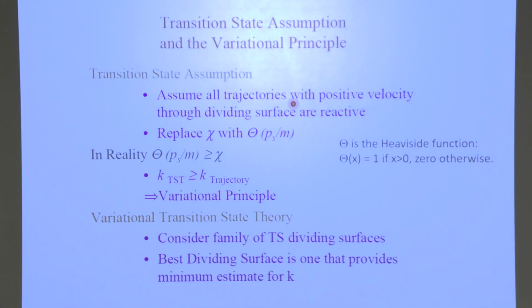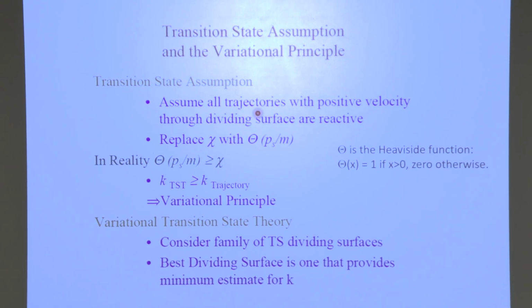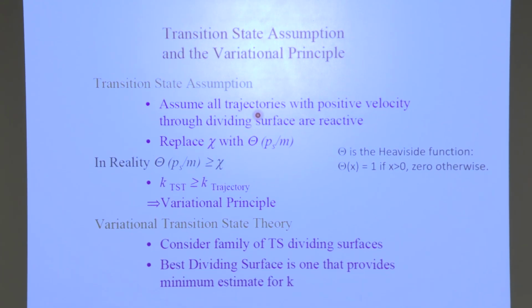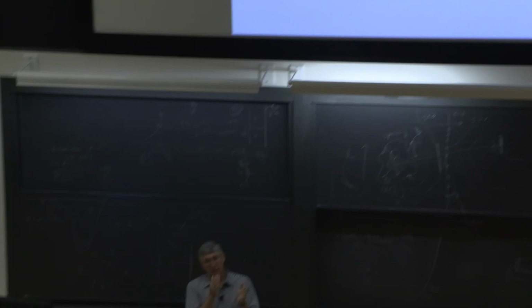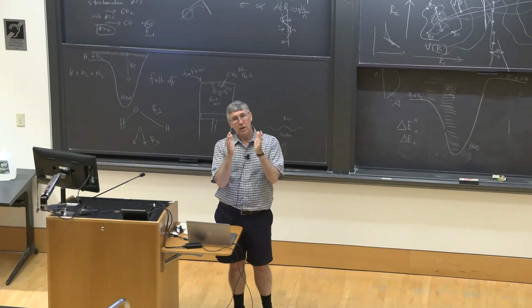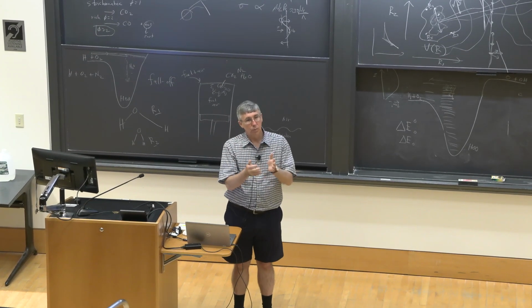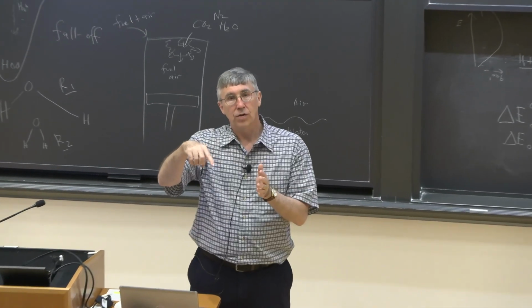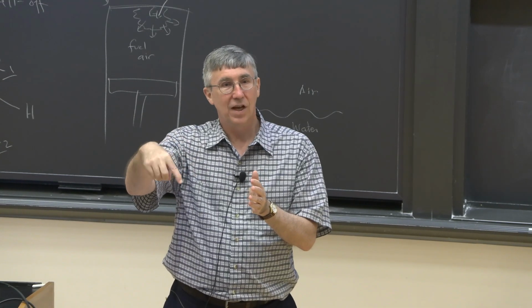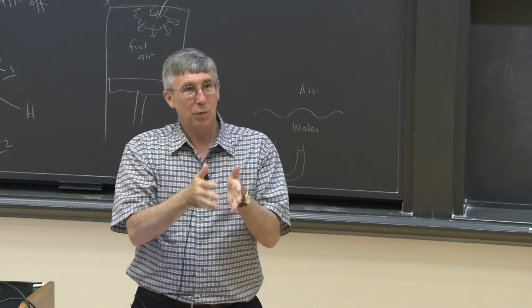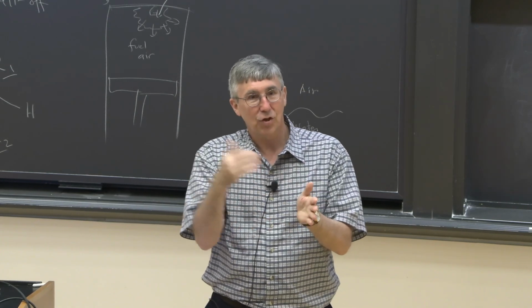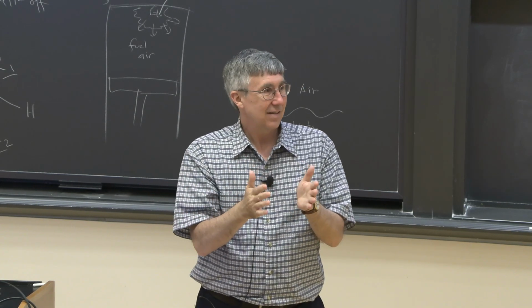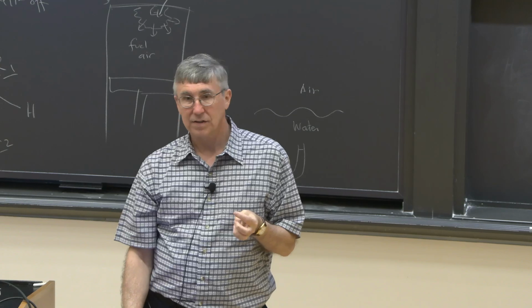The assumption is basically that, just like when we were considering the rate from New Jersey to Manhattan, if we measure it by measuring all the cars crossing the toll booth, we're implicitly assuming that none of them are going to do a U-turn in the middle of the George Washington Bridge and go back the other way. We think everyone that gets through our toll path is actually going to make it to Manhattan. And it's the same assumption we make with transition state theory.